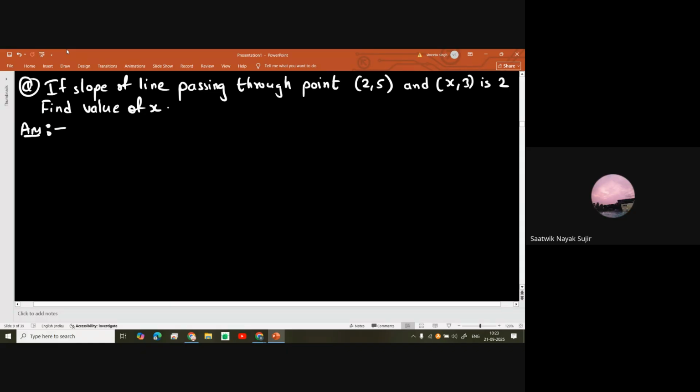X is 1. Okay. What about Anvita and all these guys here? Satvik, x is equal to 1. Ayush.